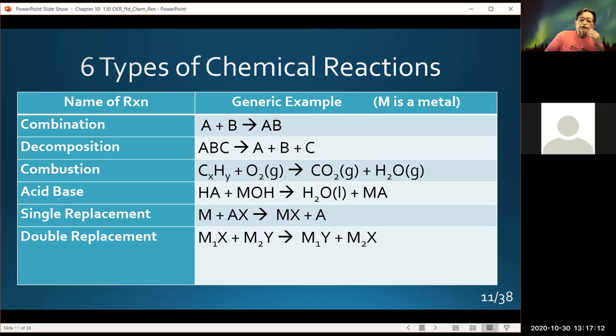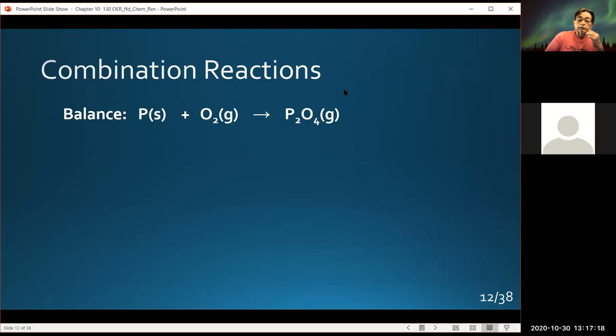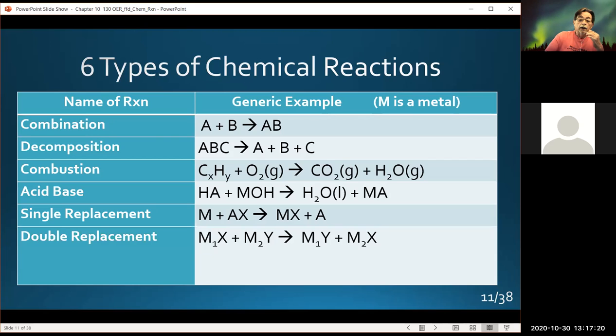Now, let me make sure I color coded. Notice we have written here in generic form M1. Let's make sure. I got M1 combined with X. M1 could be any metal, and X could be any anion. Okay? Well, it recombines with M2's partners, and now you have M1Y.